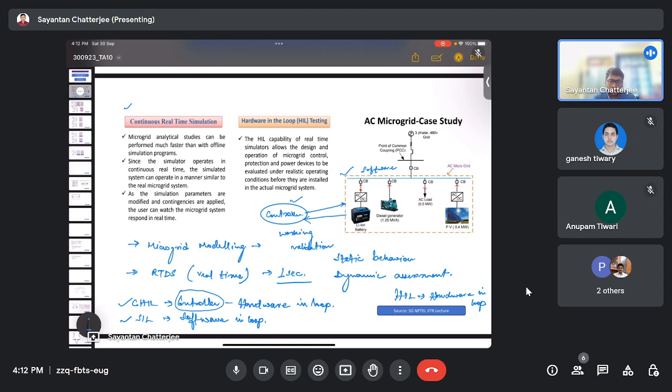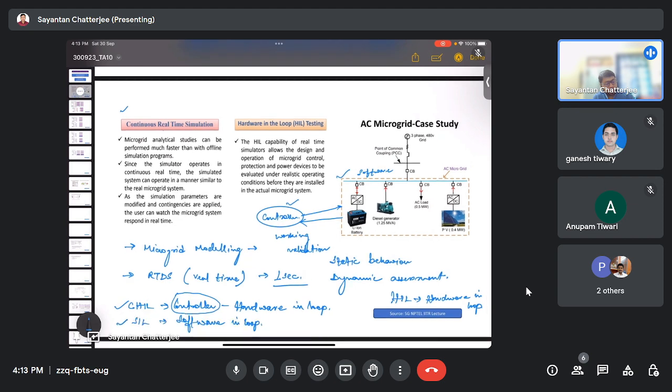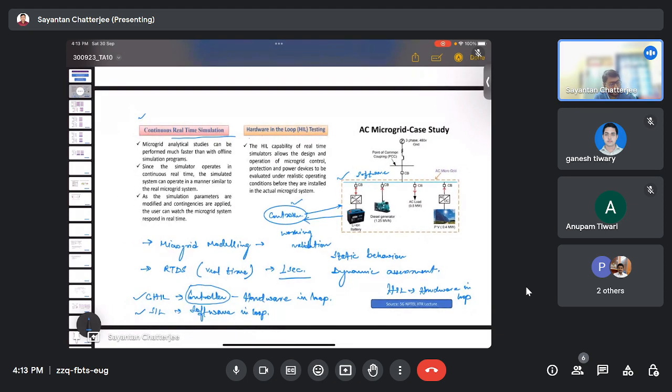But in HIL, the entire thing needs to be validated at hardware scale. To validate at hardware scale, HIL platforms were developed. So there are two types of assessment that need to be done: continuous real-time simulation, as given, or hardware in-loop testing, HIL testing.